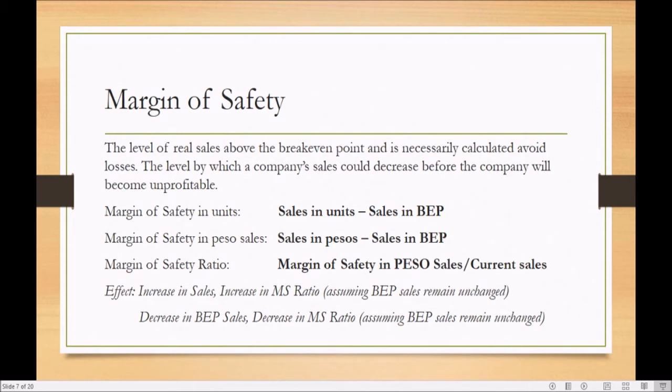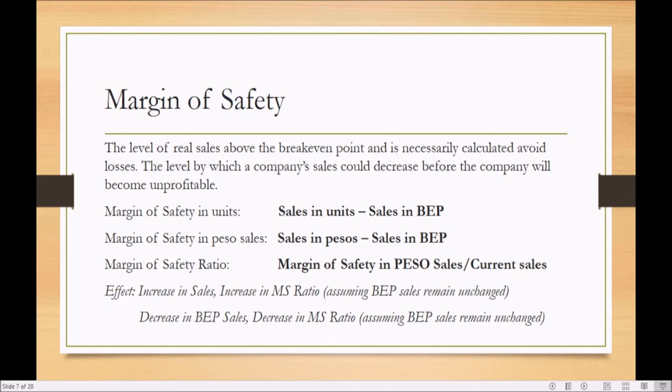Pag bumaba ng lampas sa 100,000, sabihin natin, maging negative na yan. No? Maging negative na, hindi positive 100,000. Ibig sabihin po nun, there is a possibility that the company will incur losses.